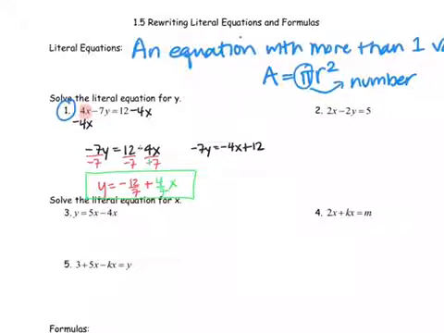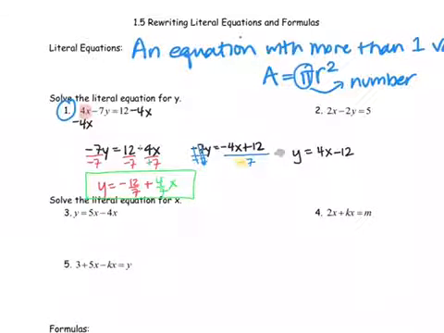You can write it like this, or to make your life a little easier, what you could have done is divide this side of the equation by negative 7, and divide this entire side by negative 7. The only problem is that in most math books, they don't like to see this negative in the denominator, and they would want you to change it to y equals positive 4x minus 12.